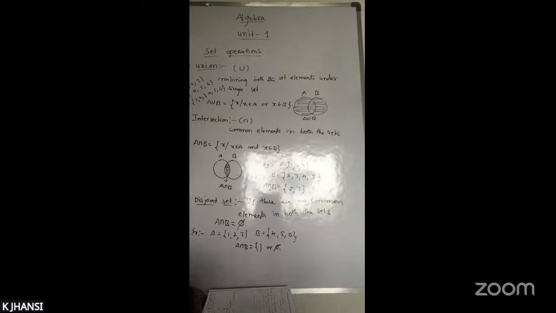So in the textbook you have the definition: the difference of the sets A and B is defined as the set whose elements belong to A and do not belong to B. Okay. So that is the fourth one we have.